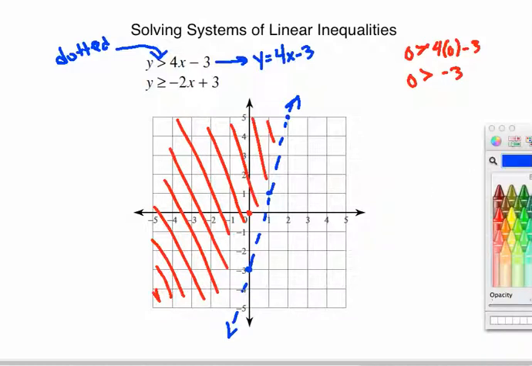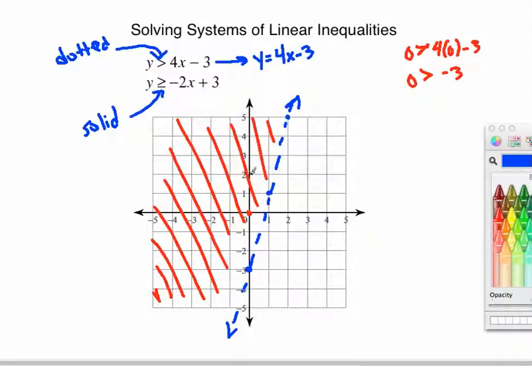All right, then we're going to go over to our other equation. I think I'll graph the line in blue and then I'll shade with green. So in this case, we're going to have a solid line. And we're going to graph it the same way we'd graph y equals -2x plus 3.